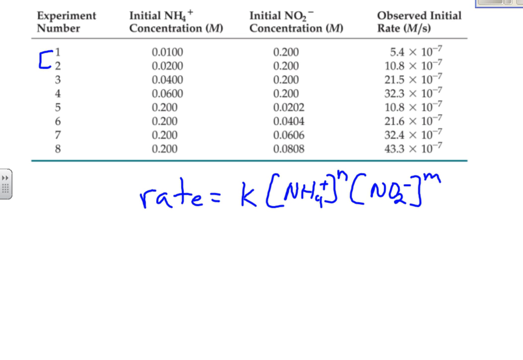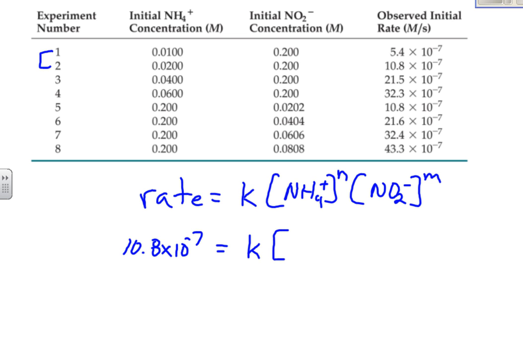So if I take experiment number 2 and put the rate for that one down, I get 10.8 times 10 to the -7th, and that's going to be equal to the rate law constant.